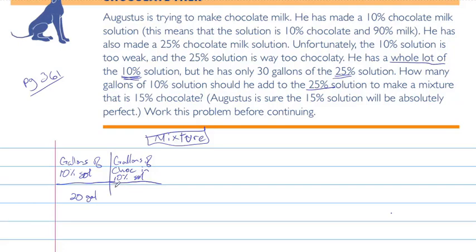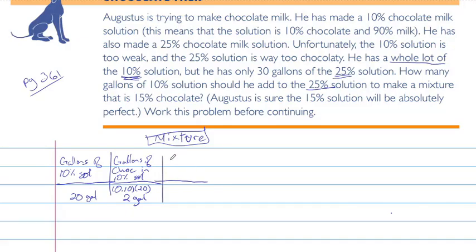Well, this is just 10%, which I'm going to write as 0.10, times the amount. So use your calculator if you have some more challenging decimals to work with, but this ends up being 2 gallons. All right, that's the gallons of chocolate that we're pouring in.